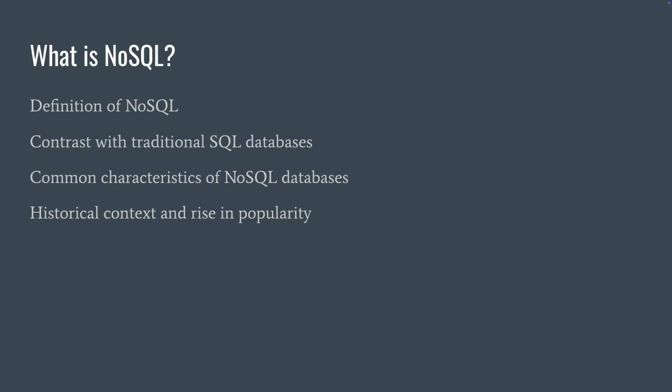It's also worth noting that the name NoSQL can be misleading. Some interpret it as "no SQL" at all, but a better way is to read it as "not only SQL," meaning these databases can sometimes include some SQL-like query capabilities.